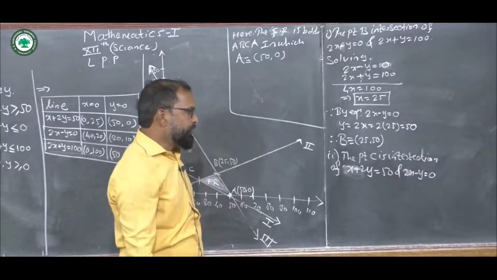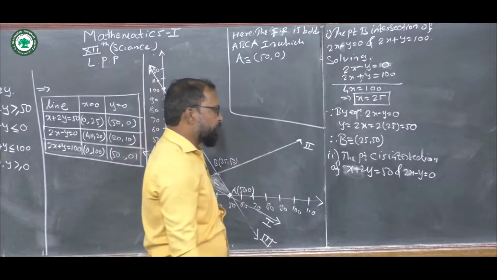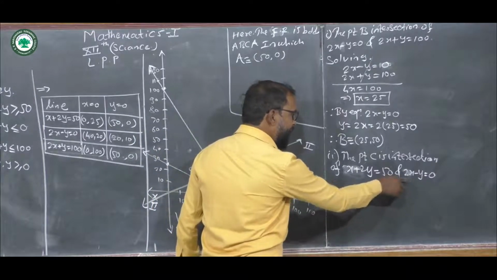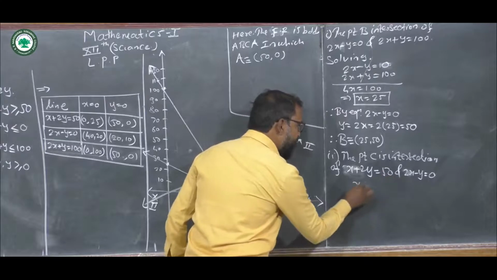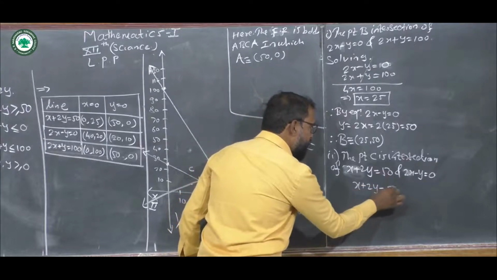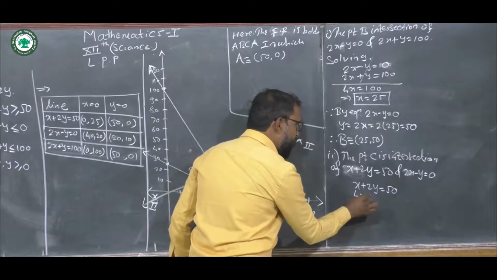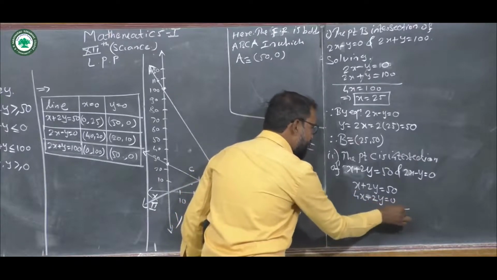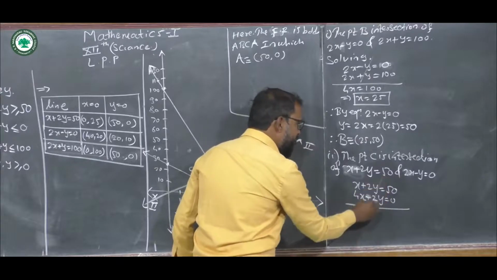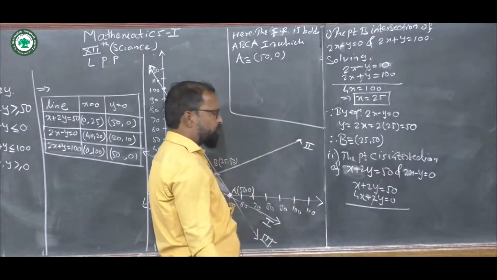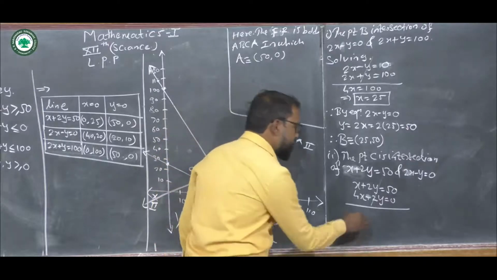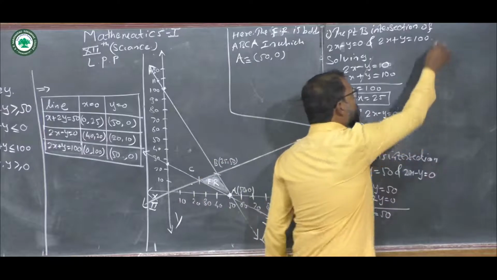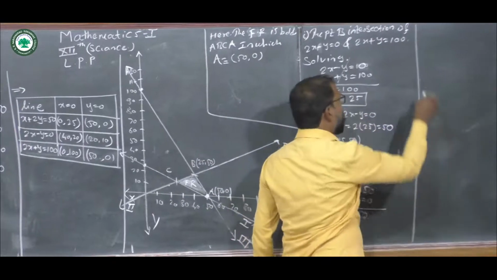Now solving these two equations, multiply the second equation by 2 and take the addition. So we get x plus 2y equals to 50 and 4x minus 2y equals to 0. Now when we take this addition, this plus 2y minus 2y gets cancelled. So we get 5x equals to 50, which gives x equals to 10.